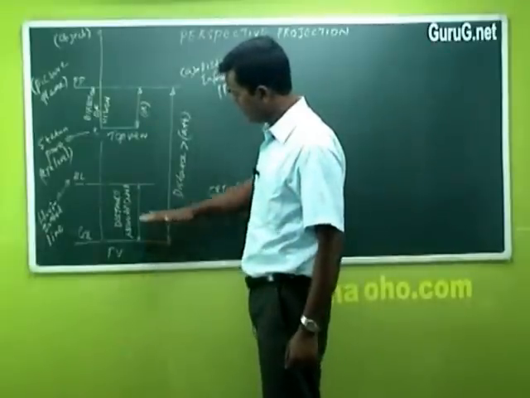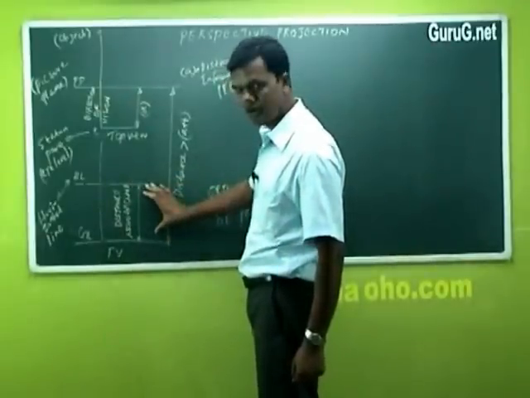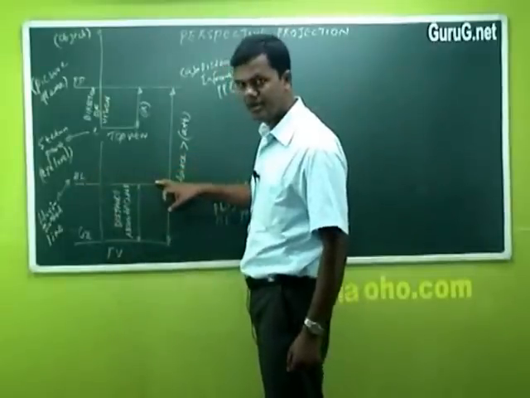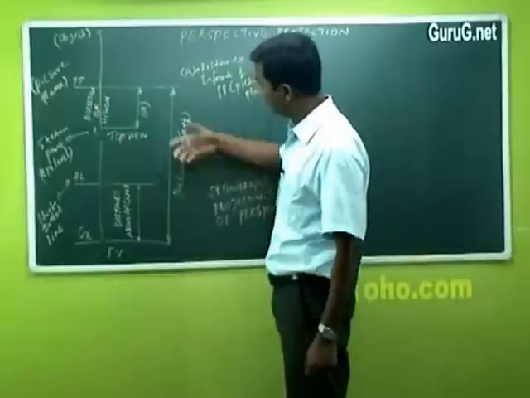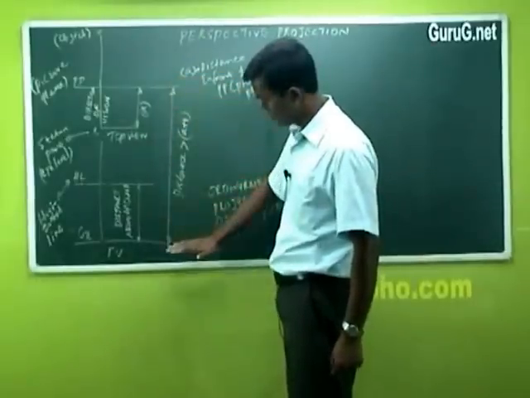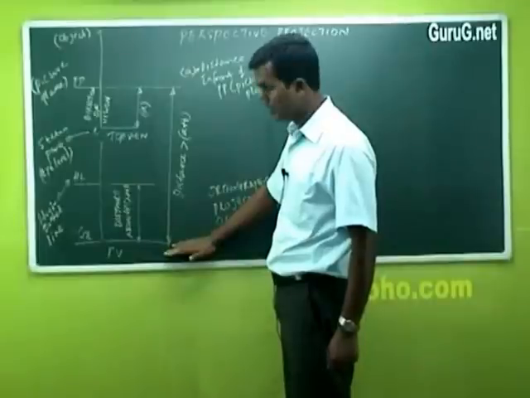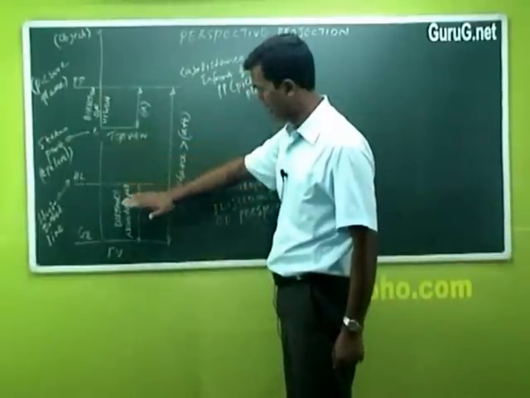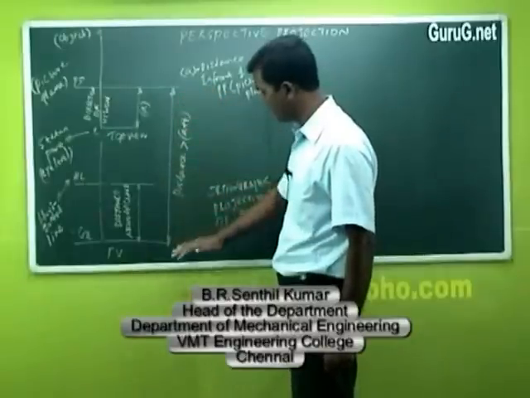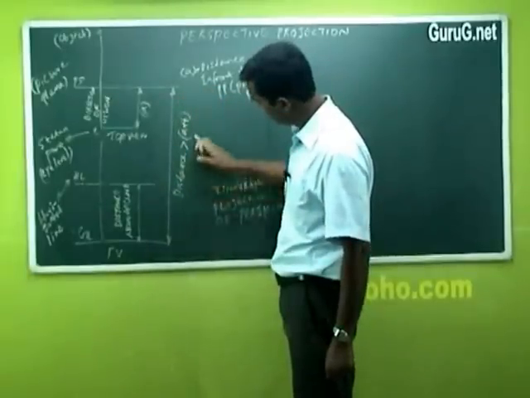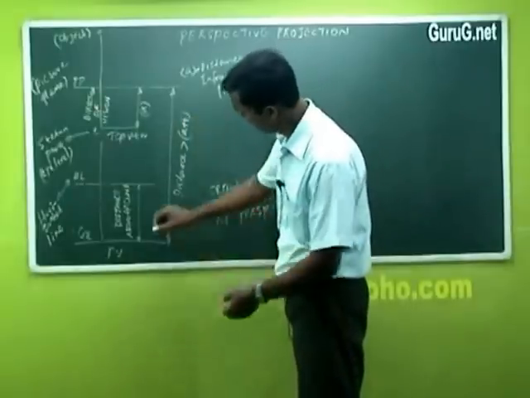From the ground line, you draw a horizontal line. Some distance will be given. But what you have to check is, from the picture plane to the ground line, where in between your observer's eye and horizontal line lie. So from the picture plane to the horizontal ground line, you have a distance of a plus b. Actually, this will be your b.